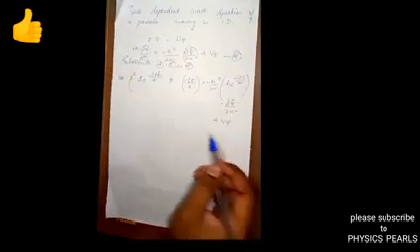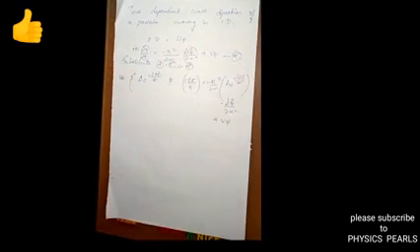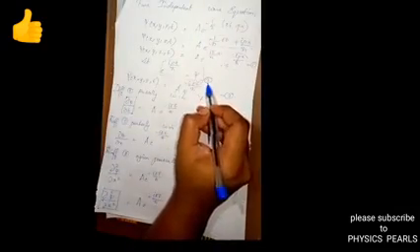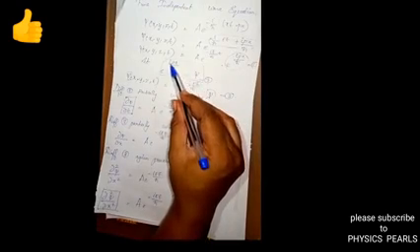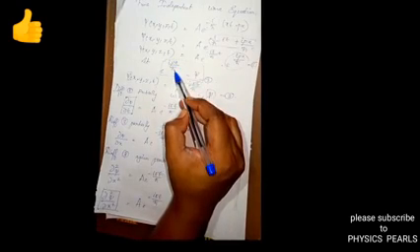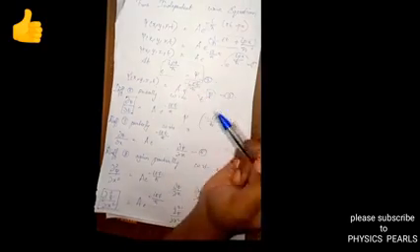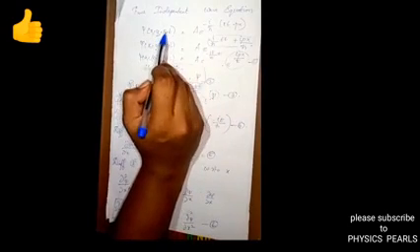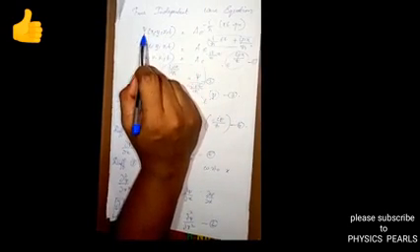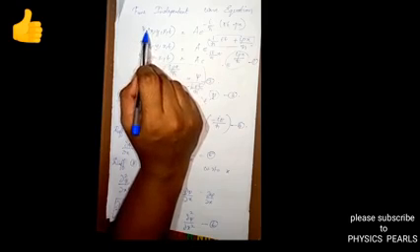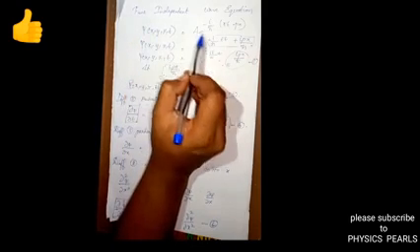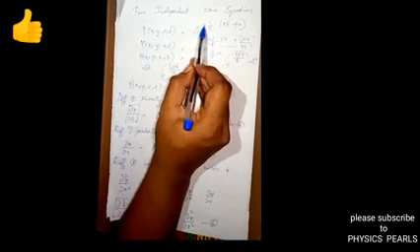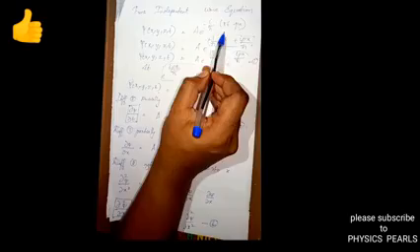Now we have to know that from equation number 2, we have psi is equal to I p x e power i p x by h cross. Also we know from the earlier equation, that is from the time dependent wave equation, that psi equal to A e power minus i by h cross into (E t minus p x).